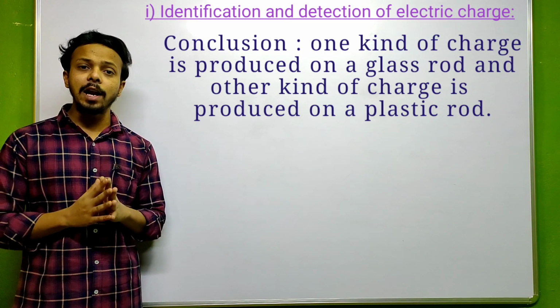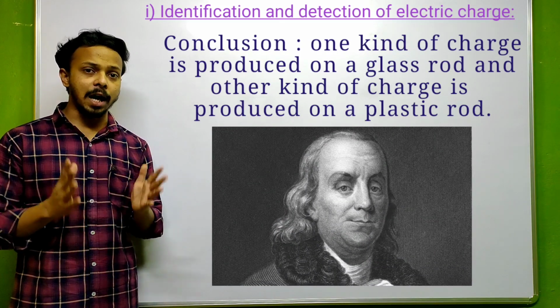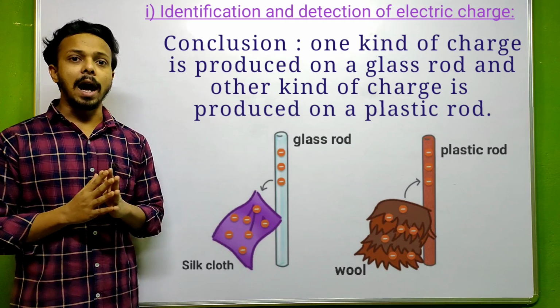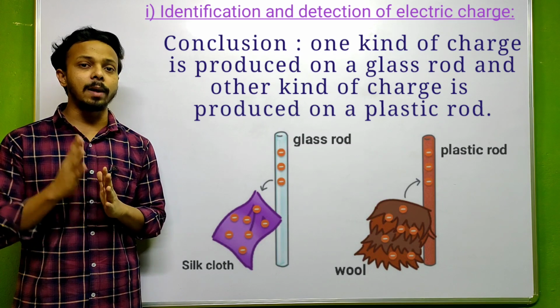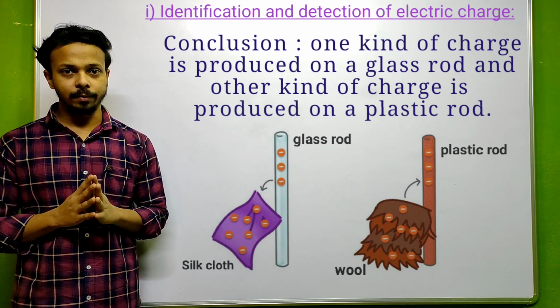Later on, a well-known scientist, Benjamin Franklin, named the charges produced on the glass rod and wool as positive charge, and the charges produced on the plastic rod and silk cloth as negative charge.